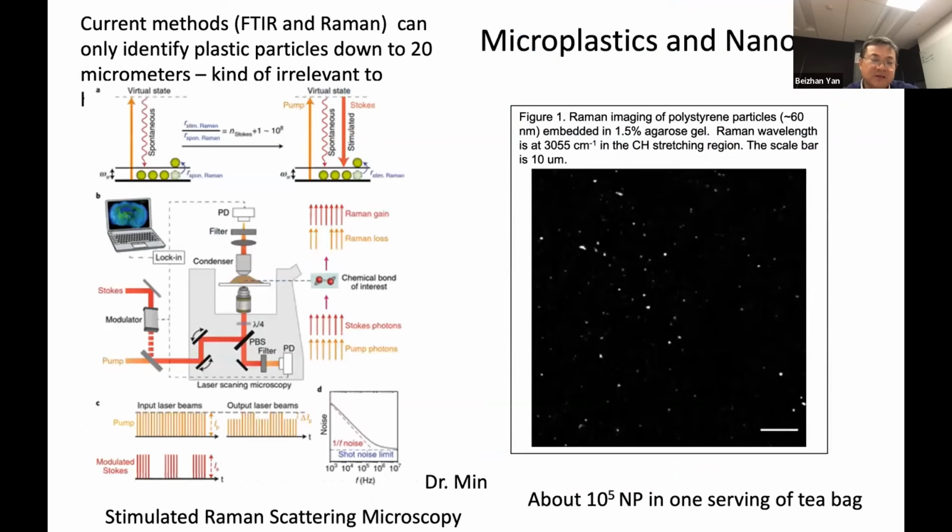Okay. So one research we really want to do, as I mentioned, is to identify these nanoplastics. So far, the GCMS method, which is used for the blood to figure out the nanoparticles in the blood, cannot tell you the actual particle size, the particle distributions, and what type of plastics they are.